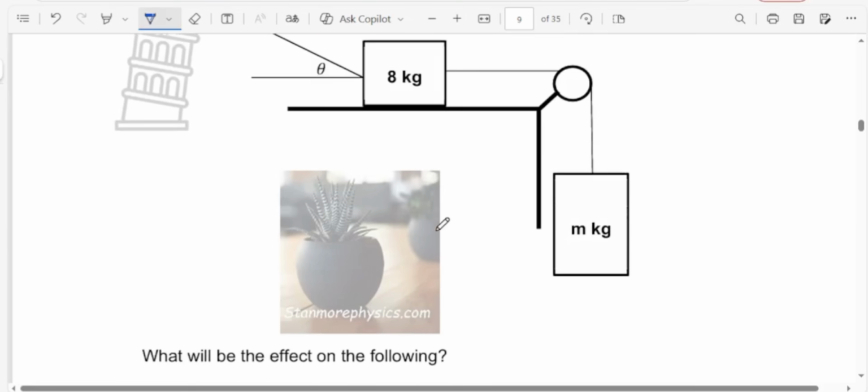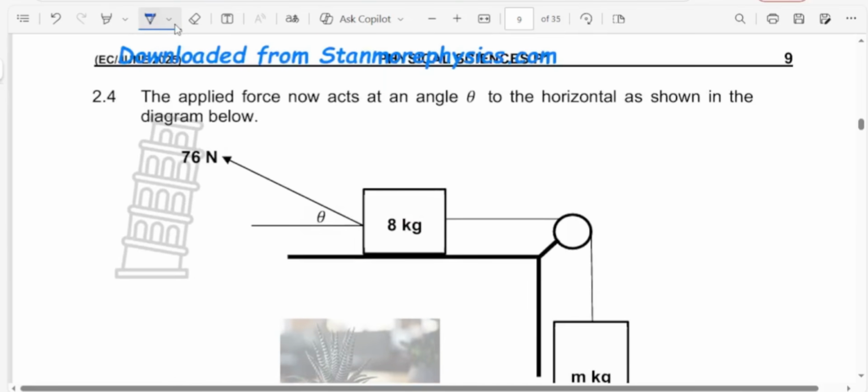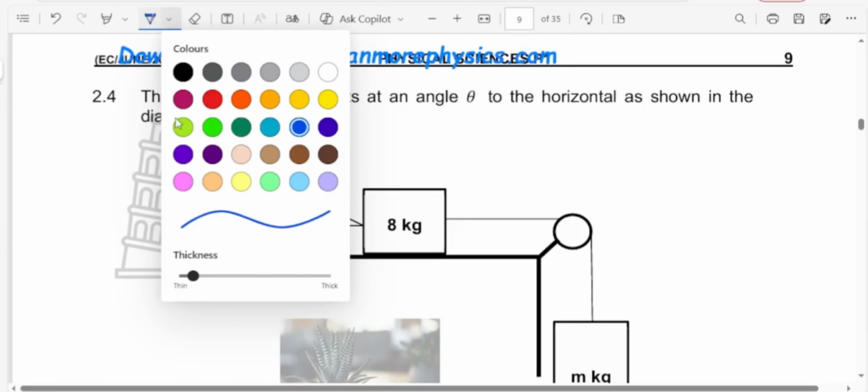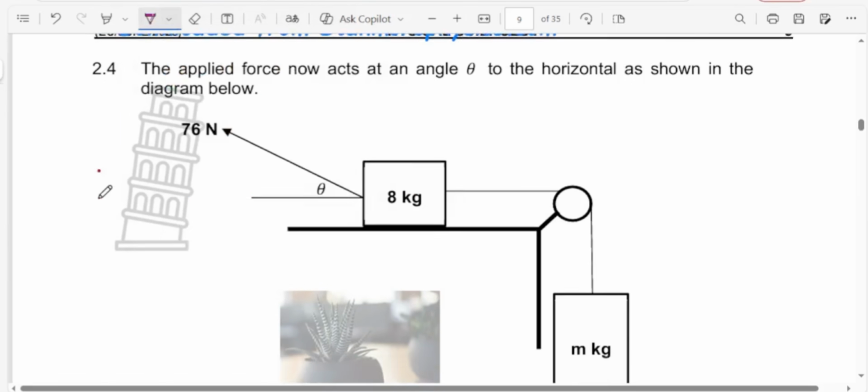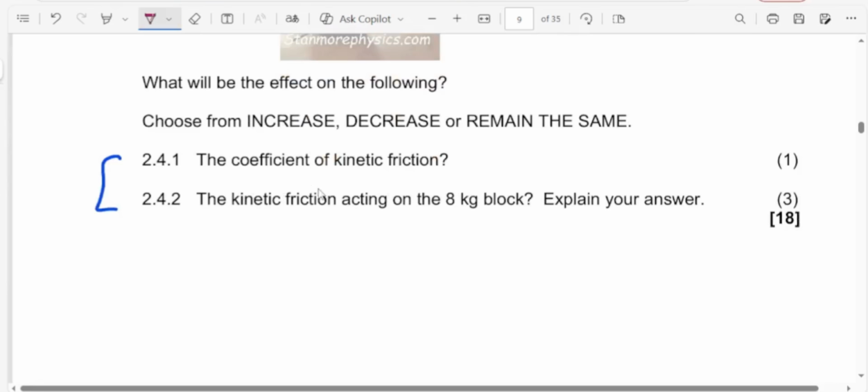So the coefficient of kinetic friction won't change. It doesn't matter how the force is applied. This won't change the coefficient of kinetic friction. The only thing that I need to go into more detail about is 4.2.2. So now the coefficient of kinetic friction will remain the same.